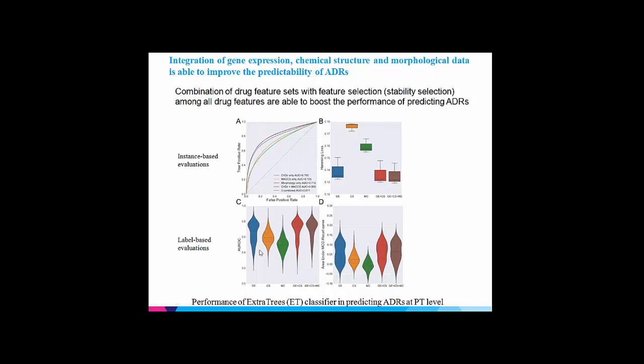This should be for each side effect. So I have a list of drugs, and I sort those drugs based on the probability derived from the classifier, then plot a raw curve for the side effects and get the AUC values here. I do that for all of the side effects so that I get a distribution of the AUC. And that is the label-based evaluation.